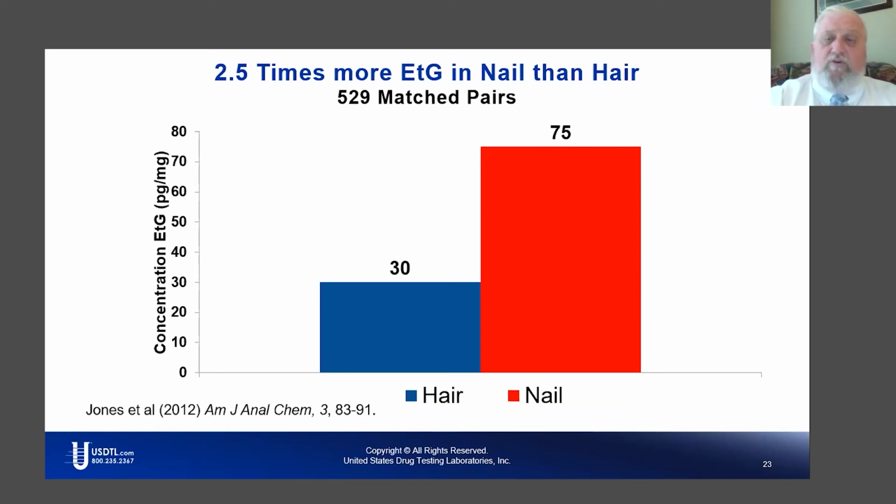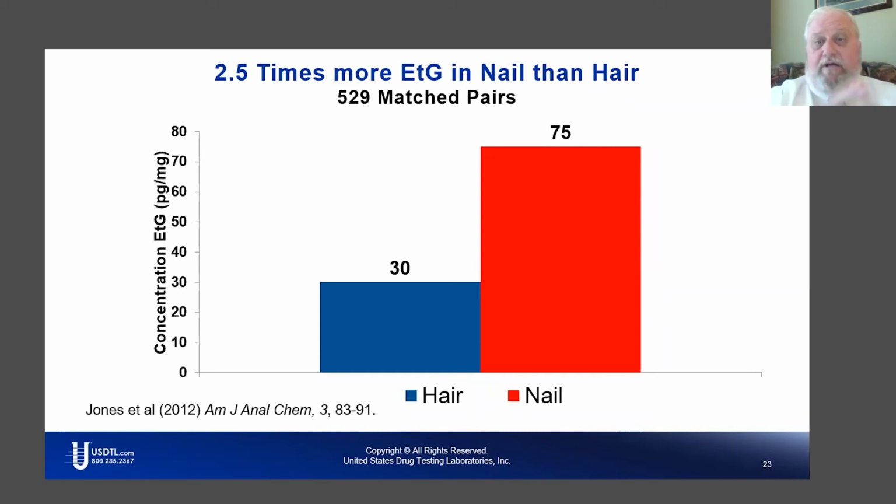We worked with a group at the University of Wisconsin, Milwaukee, and we were able to get 529 matched pairs. Of course they got the drinking history, and Dr. Berger from that institution wrote this really nice paper. If you want a copy of it, I can share it with you. It's open access.